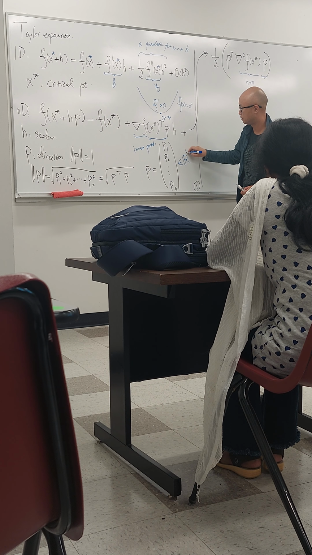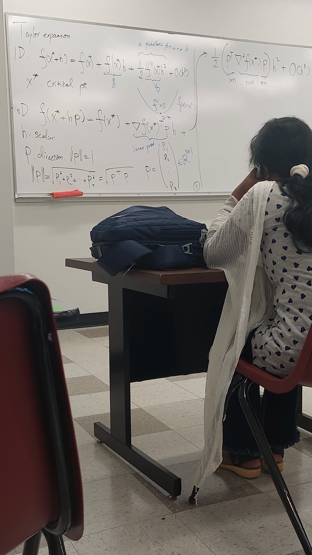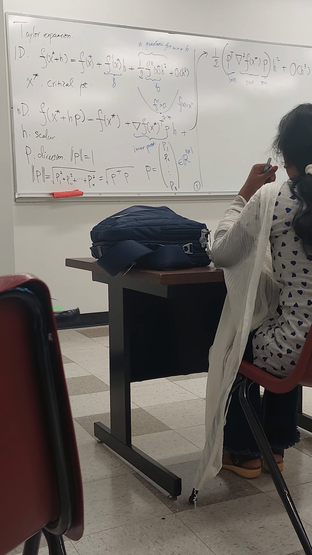In the matrix vector multiplication, n by n times n by 1, we get n by 1. Then 1 by n times n by 1, we get 1 by 1. So this is a number, and this number is multiplied with h squared. We have this big O of h cubed that we assume is negligible, and we choose our step sufficiently small so that the last term is negligible. These are the first three terms.